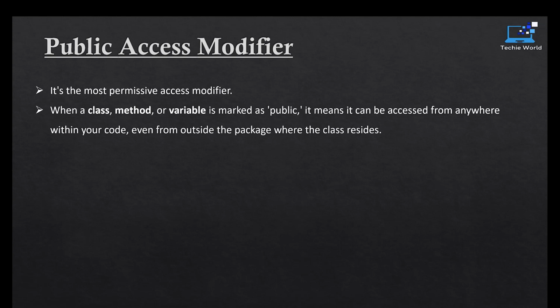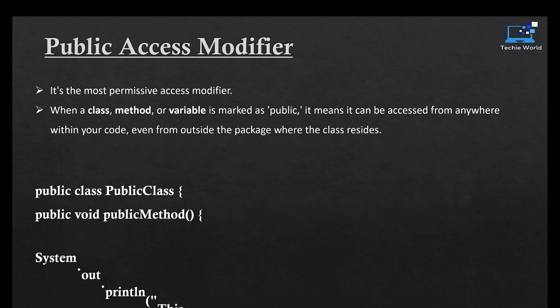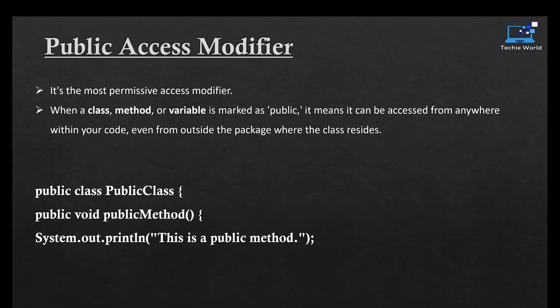Now have a look at this code snippet and then we'll understand how this works. So let us say you have a class called public, and in the public class we are writing a method which is also public. Okay, the name of the method is public method and we are simply printing "this is a public method" and then closing braces.